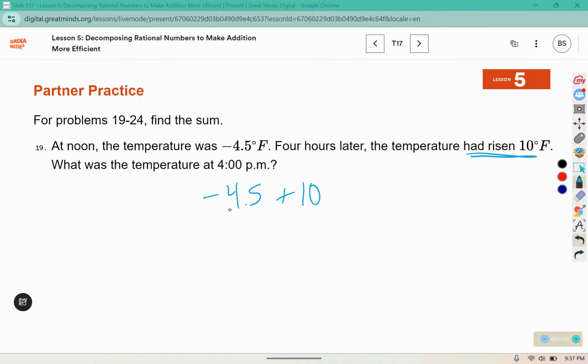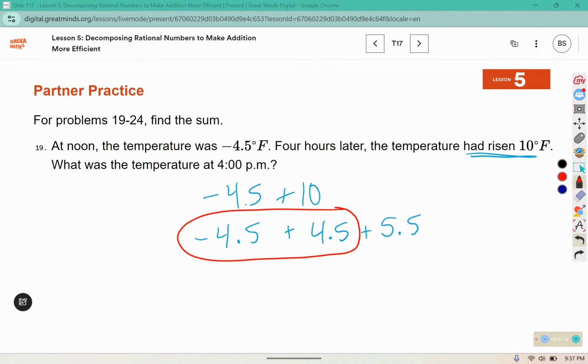We can split this up into multiple parts. 10 can be thought of as 4.5 plus 5.5. These are additive inverses, which make 0. So the temperature at 4 p.m. is 5.5 degrees Fahrenheit.